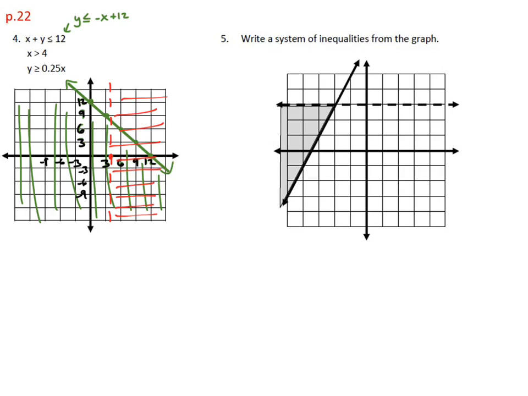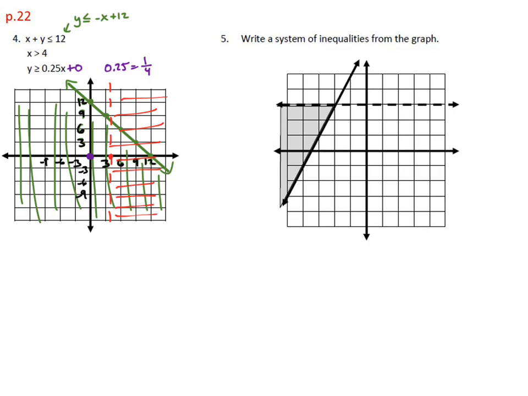And then the last inequality, we're going to have y is greater than or equal to 1/4 x. So this one is in slope-intercept form. Remember, if there's nothing there, we have our y-intercept at 0, 0. It's at the origin. And then the slope, keep in mind, is 1/4.